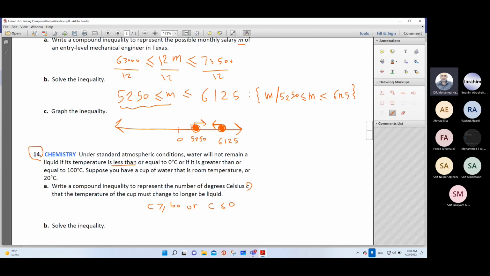degrees. Then as you see here, suppose you have a cup of water at room temperature, or 20, so plus 20 here and plus 20 here.